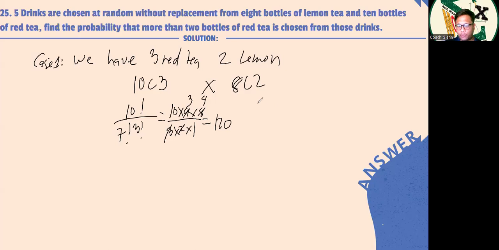Next, we solve for 8 choose 2. So that's going to be 8 factorial over 2 factorial and 6 factorial. So that's 8 times 7 over 2 times 1. So cancel this. You have 4 times 7, which is 28. So 120 times 28. So that's going to be equal to 3,360.